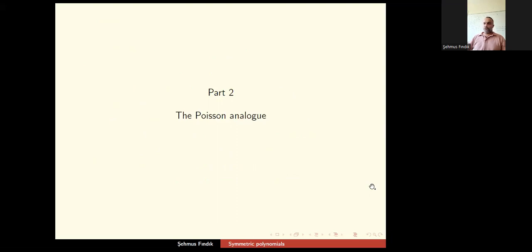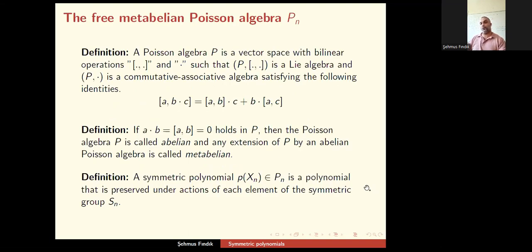So in the Poisson case, free metabelian Poisson algebras were also worked on in 2019 by Zhang and his colleagues. A Poisson algebra, in fact, has 2 multiplications. One is the commutator, and the other one is associative and commutative.